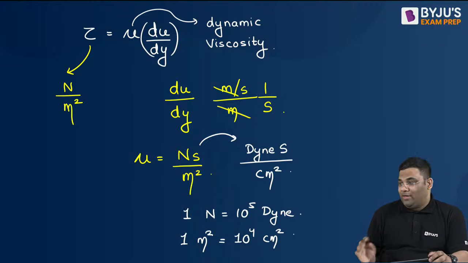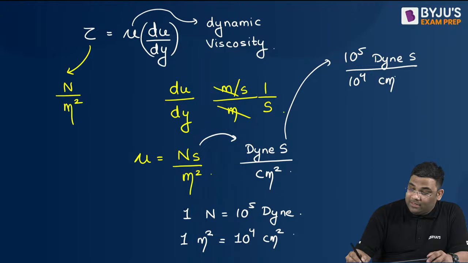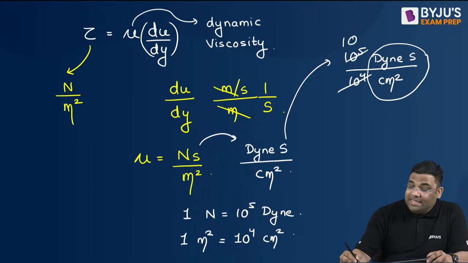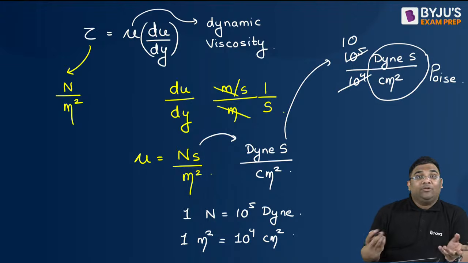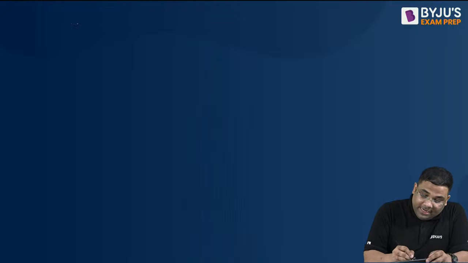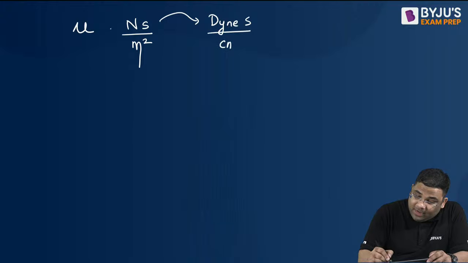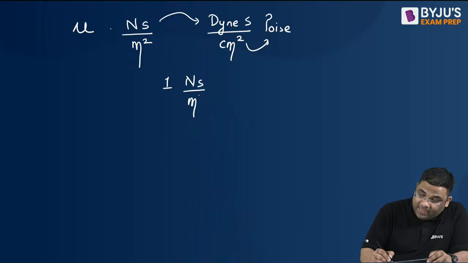If I put these in, this becomes 10, and this unit is poise. So your dynamic viscosity in Newton second per meter square, and in dyne second per centimeter square that is poise, how much? 1 Newton second per meter square is equal to 10 poise.